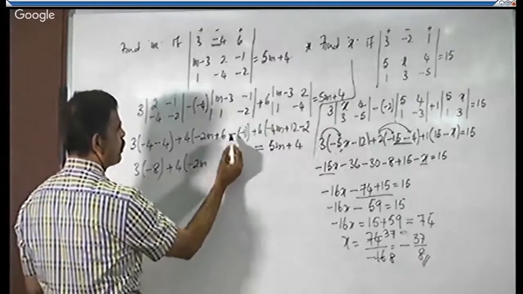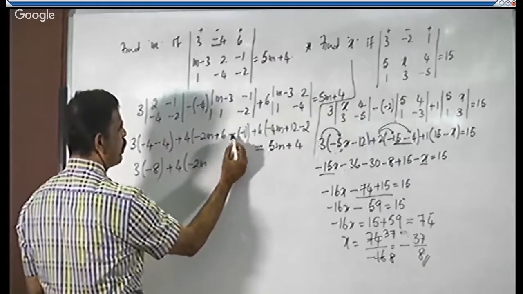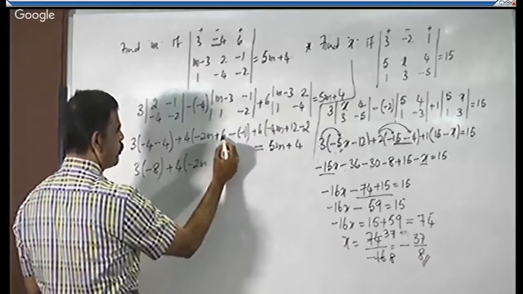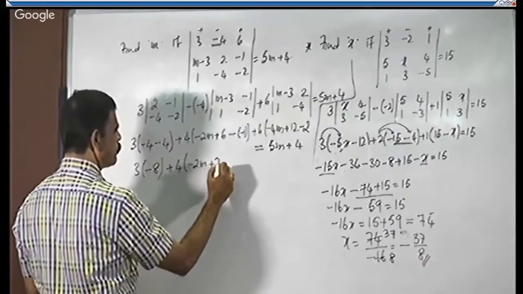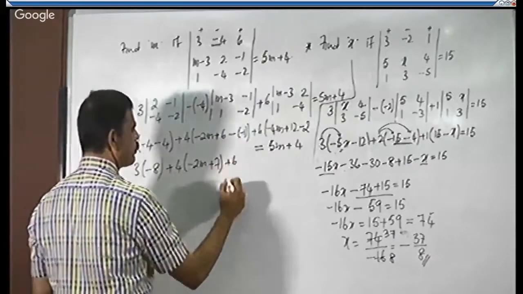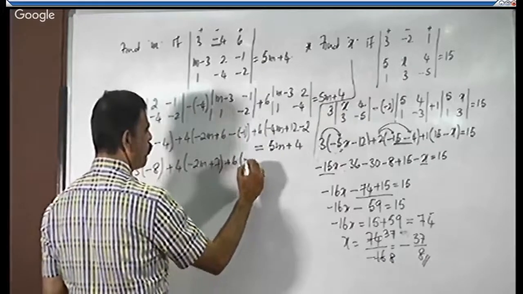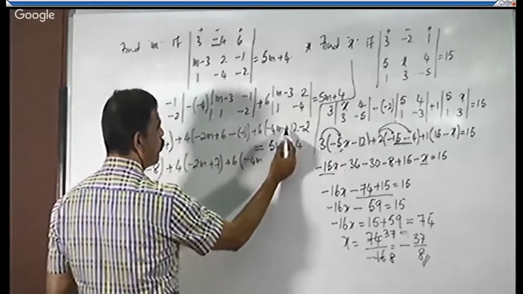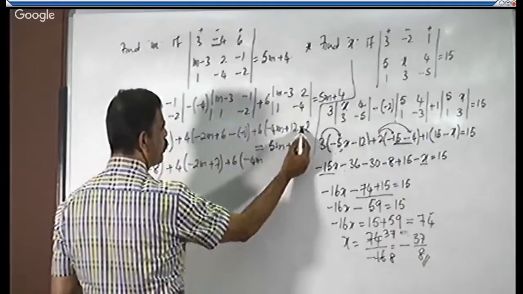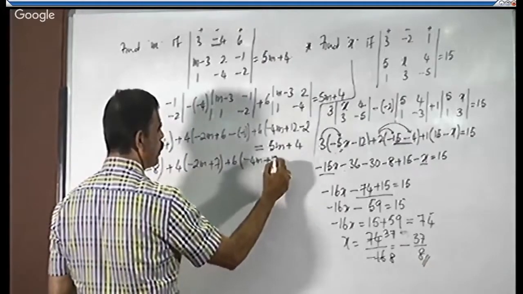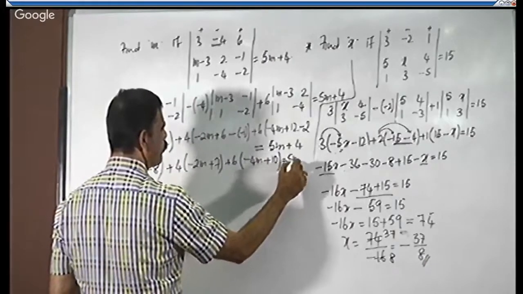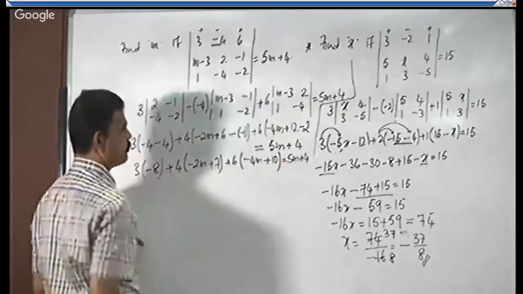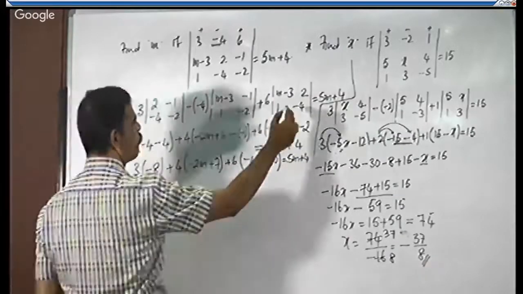This is plus 6. Minus into minus is what? It is plus 1. 6 plus 1, 7. Plus 6 into minus 4m plus 12 minus 2. It is plus 10 is equal to 5m plus 4. Okay.